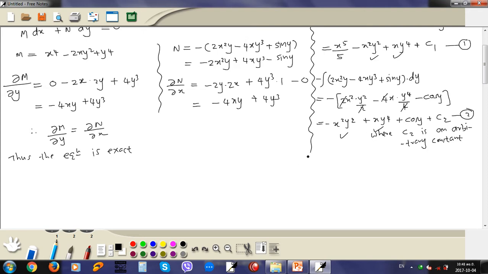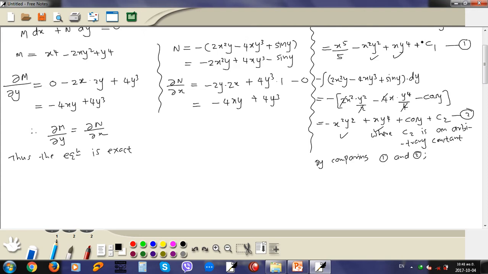Now by comparing equations 1 and 2, these two are the same, but here x to the power 5 over 5 is there as an addition to that equation.